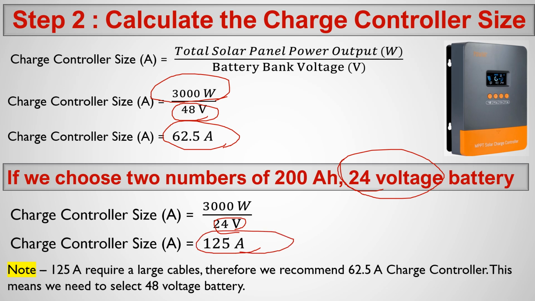But this 125 is a higher value, so my recommendation is to take the 48 volt battery, because the problem is 125 is a high current. Then the charge controller size is high, and again the cable size needs to be high.